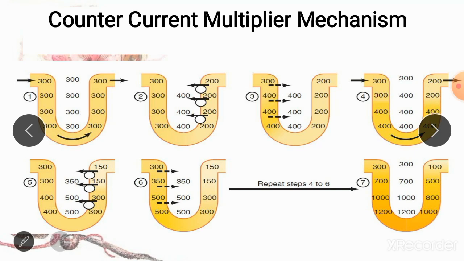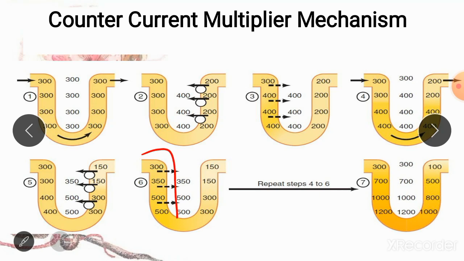Now the fluid which reaches the ascending loop is again going to be treated by the sodium potassium 2 chloride transporter, and the thick ascending limb is again going to pump solutes from the nephron into the medullary interstitium till there is a difference of 200 milliosmoles between the nephron and the renal medulla.